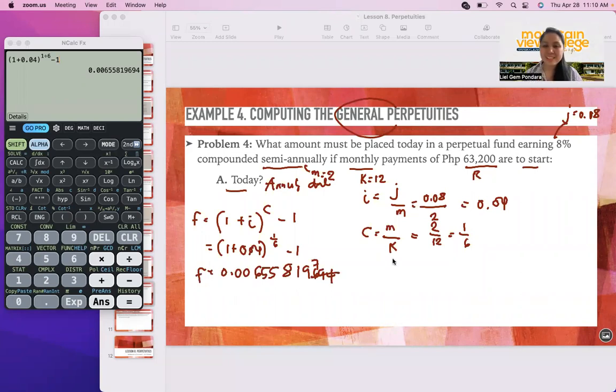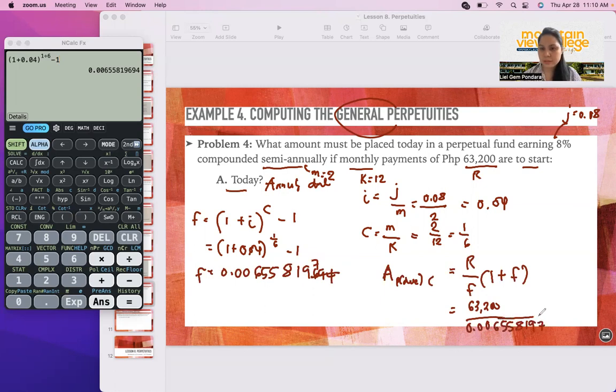The first one, let's solve for the annuity, the amount of perpetuity, but it's a due, right? Because it's given at the start. It's equal to R over F times 1 plus F. So we have R over F times 1 plus F. Just copy all.